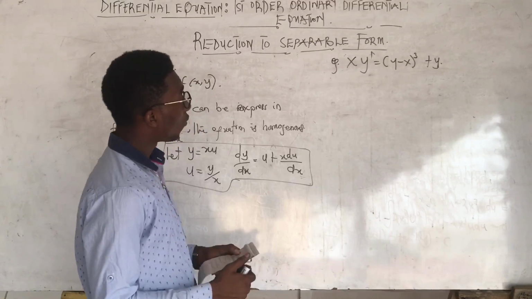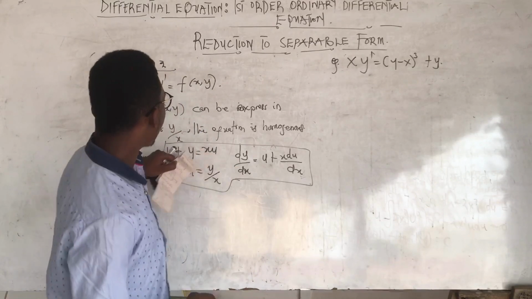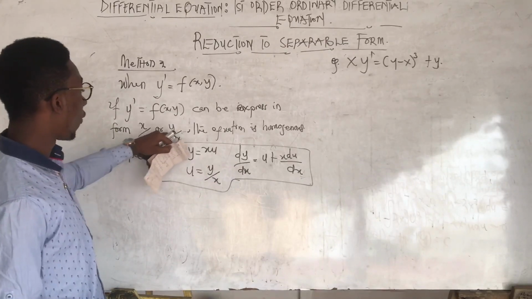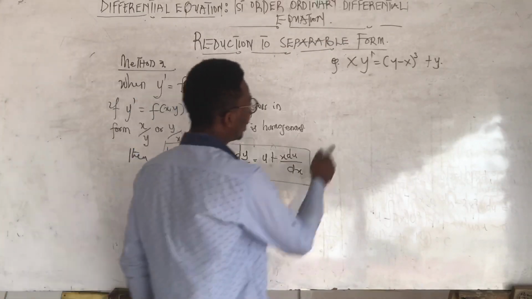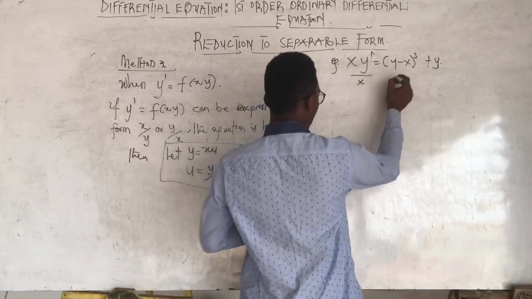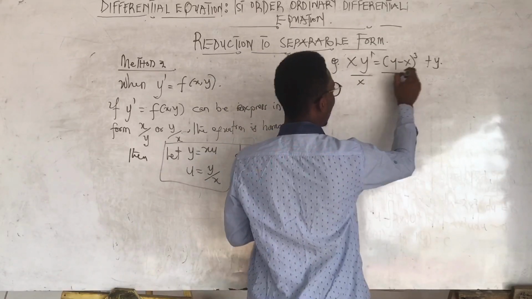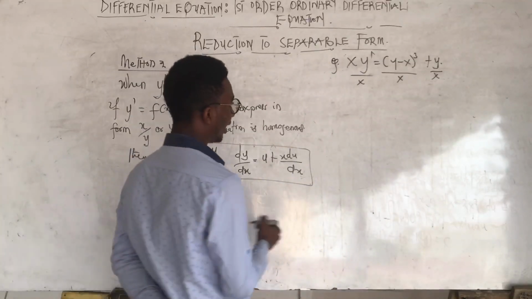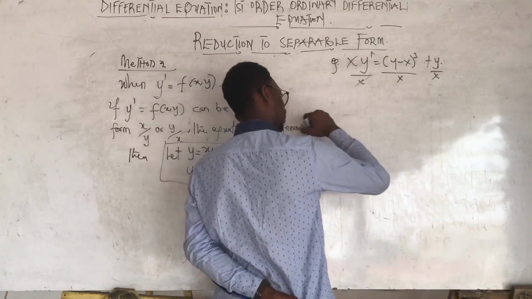Okay. So now the focus here is that we should be able to express the function in the form of x on y or y on x. So here we can divide the whole function by x, ten by ten. So x will take away x.